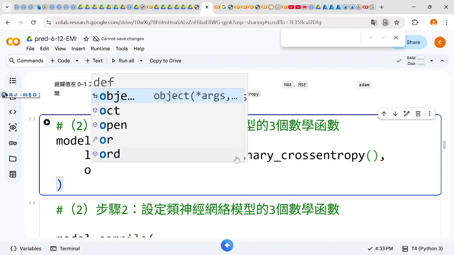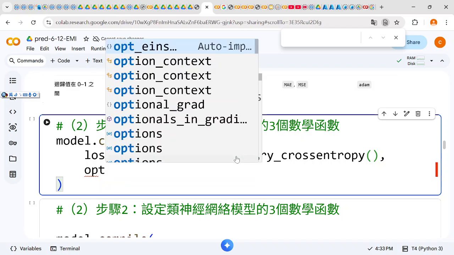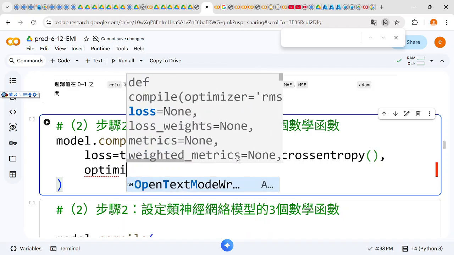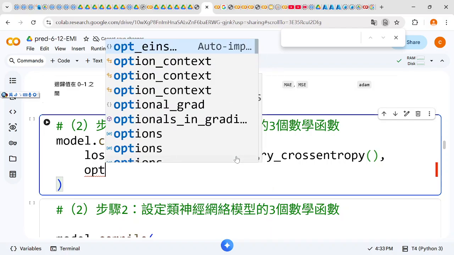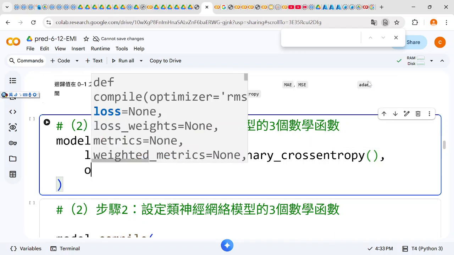Second is optimizer. If you just use this, you can find that it is optimizer.